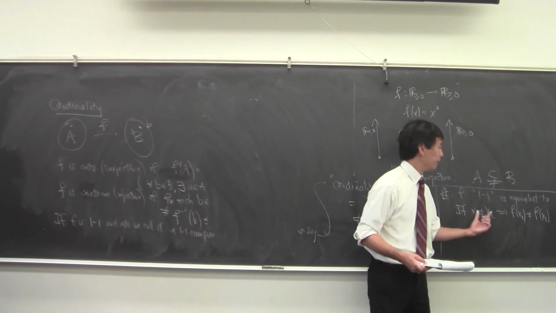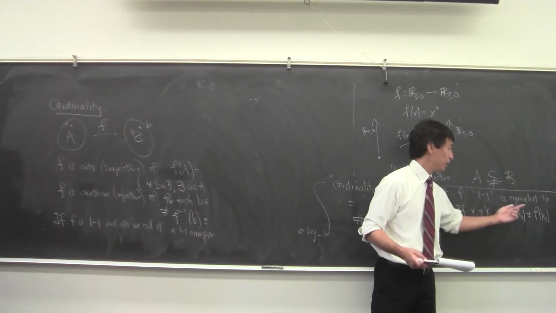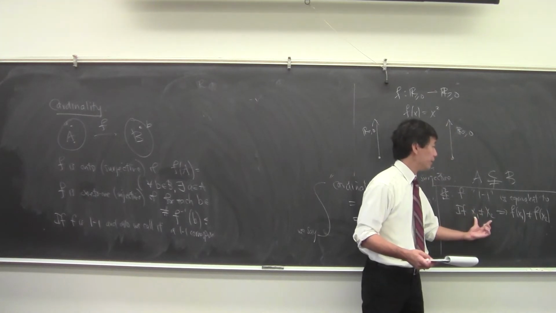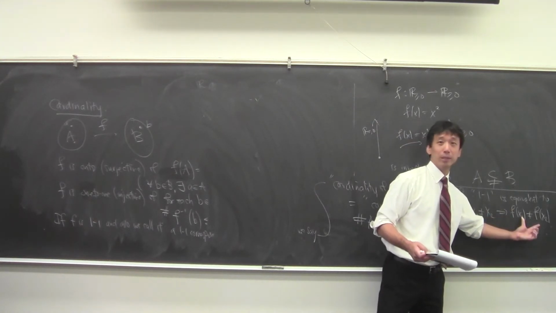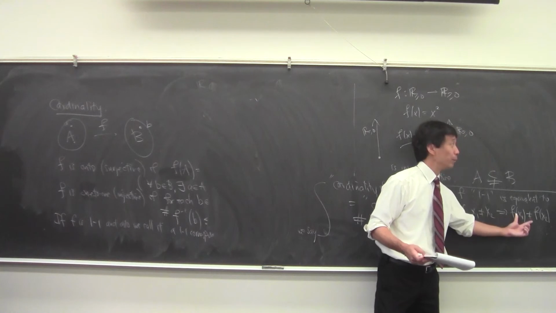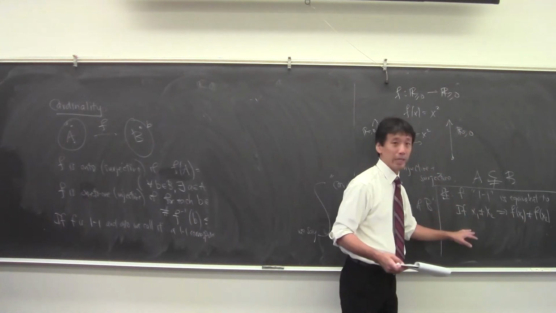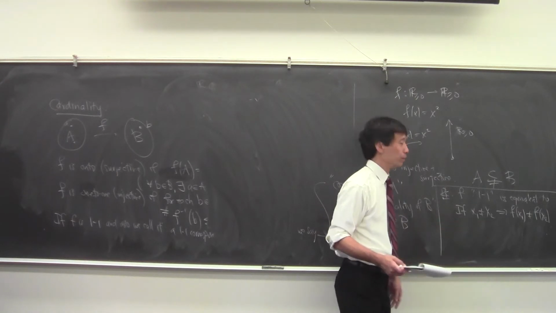Okay, so if you start off with two different things, you end up with two different outputs. You never have two different inputs ending up with the same output. So this is another, more common way of phrasing what one-to-one means.